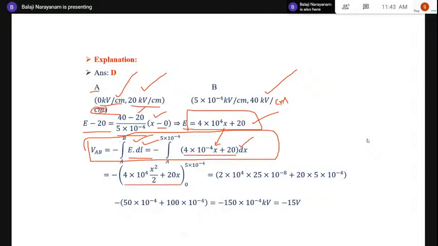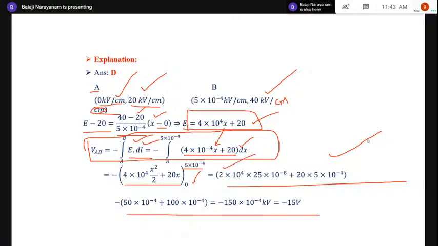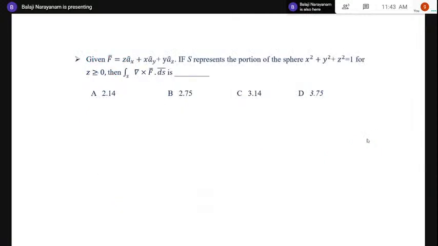We may easily compute this integral varying from 0 to 5 into 10 power minus 4. Observe that all need to be maintained in meters, so you need to convert into SI units. So you may compute the value of VAB as minus 15 volts. That is very easy to solve this problem.